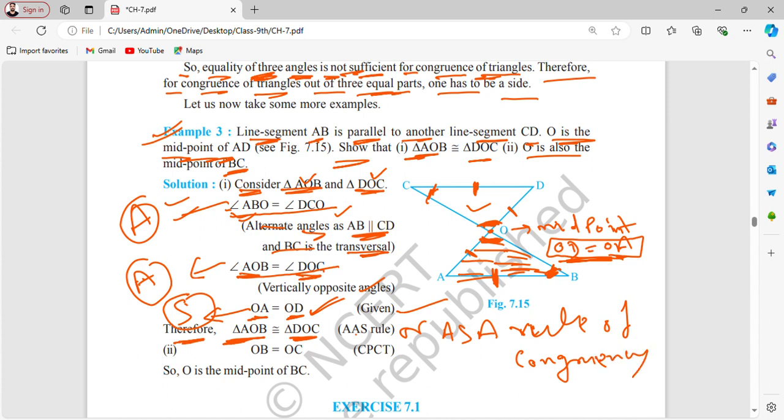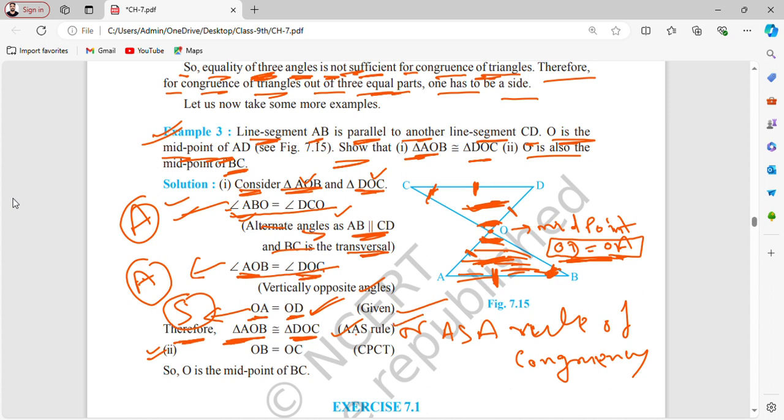Now the second proof is that O is the midpoint of BC. So let us understand. Because of that, this triangle and this triangle are congruent by the angle side angle congruency rule.